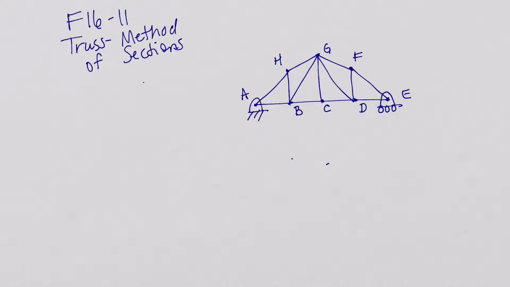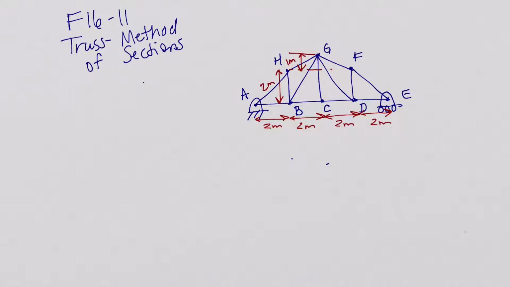I'm going to write down some of the dimensions that we have here. So 2 meters, basically all of these are 2 meters. The height here is 2 meters, and then from here up to here is 1 meter. And then we know some forces.